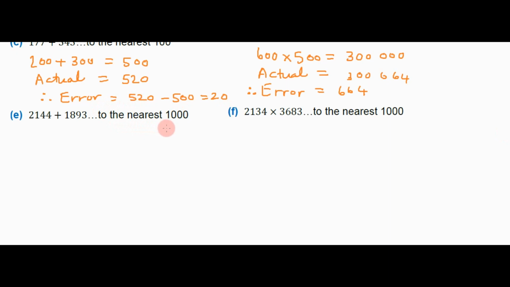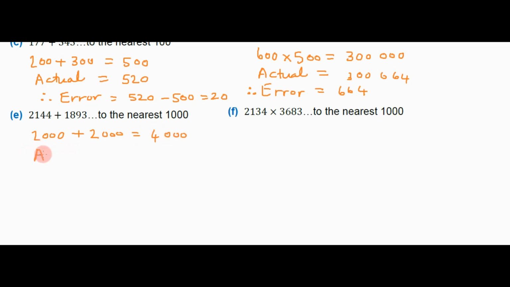Here we have to round to the nearest thousand. So 2,144 is closer to 2,000 than it is to 3,000. So we can round down to 2,000. 1,893, we can round up to 2,000. And the answer, of course, is 4,000.